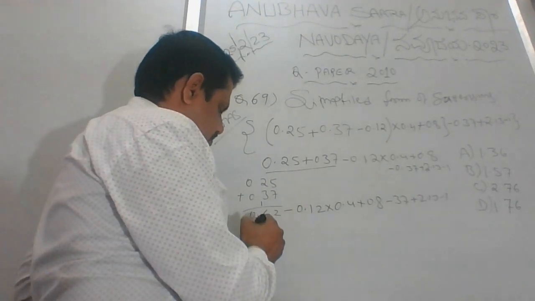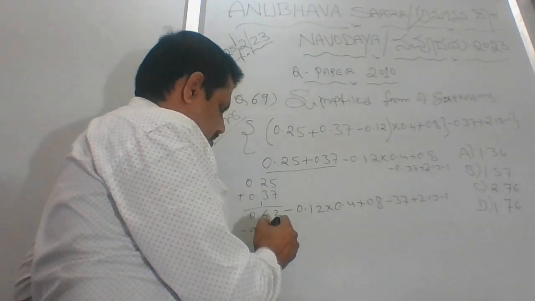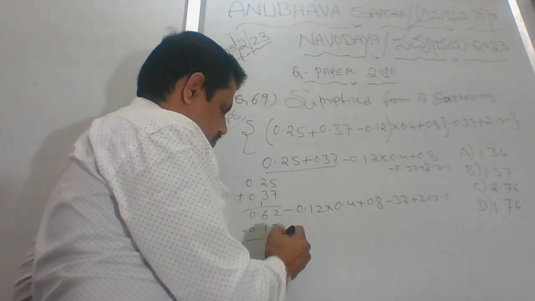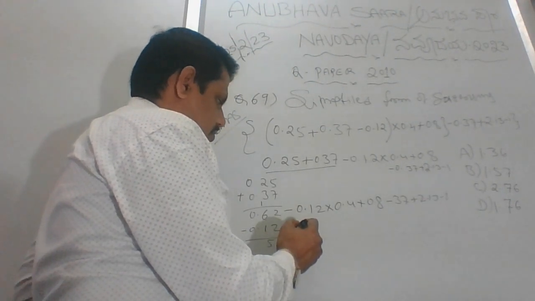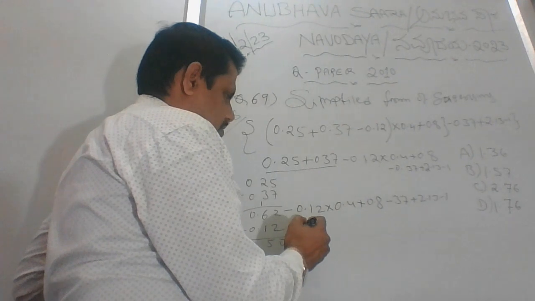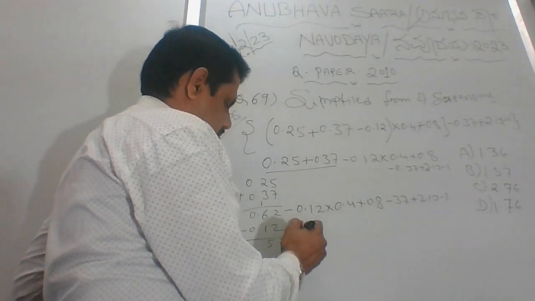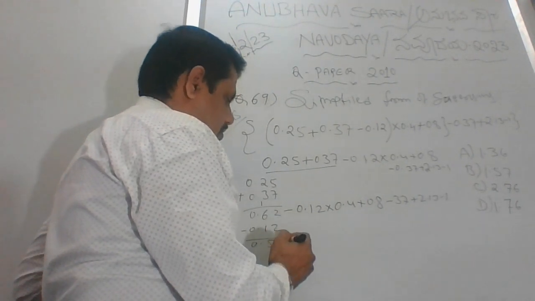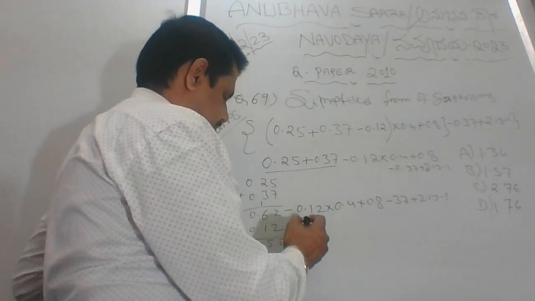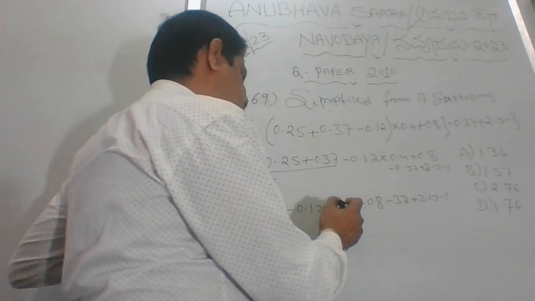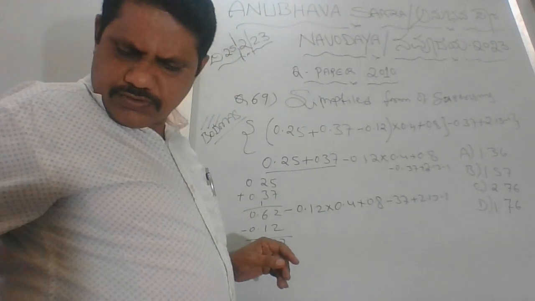So minus 0.12 gives 0.5, and then what have we done?